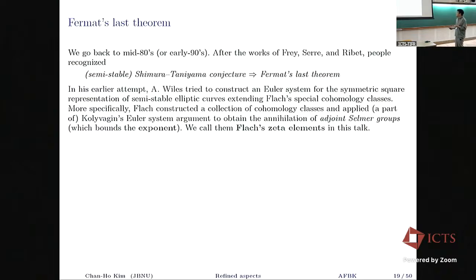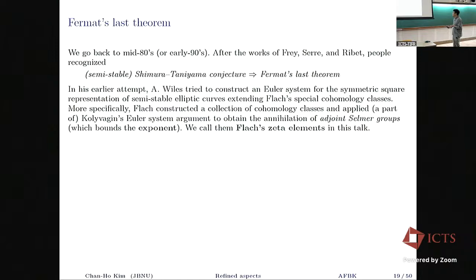And at the moment, in his earlier attempt, Andrew Wiles tried to construct an Euler system for the symmetric square representation for semi-stable elliptic curves, extending Flach's special cohomology classes. More specifically, Flach constructed a family of cohomology classes, not only one, and applied a part of the Euler system argument to obtain the annihilation of the adjoint Selmer groups, which bounds only the exponent.